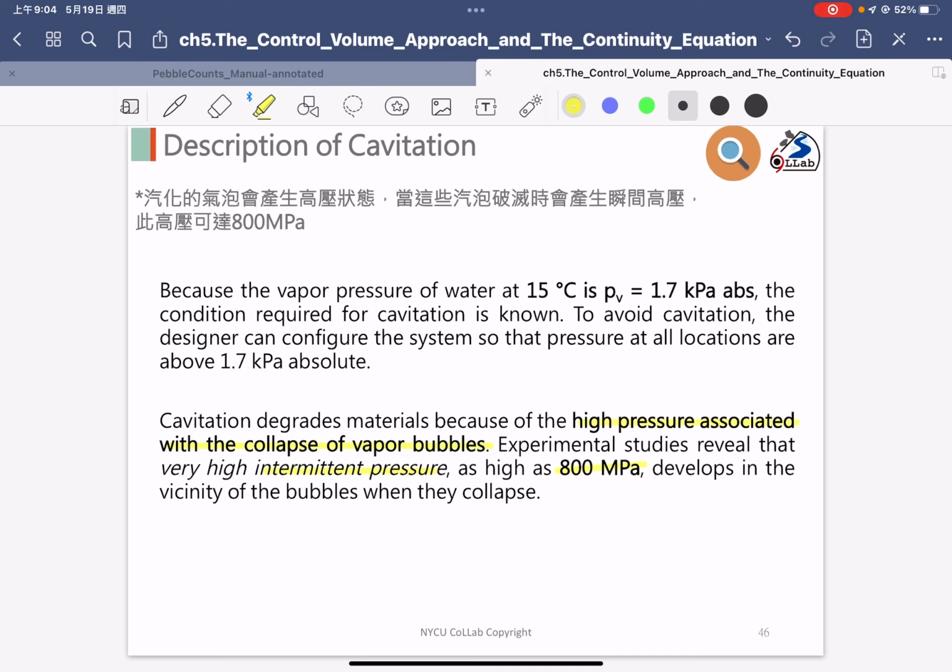That is a terrible pressure compared to the environment pressure.